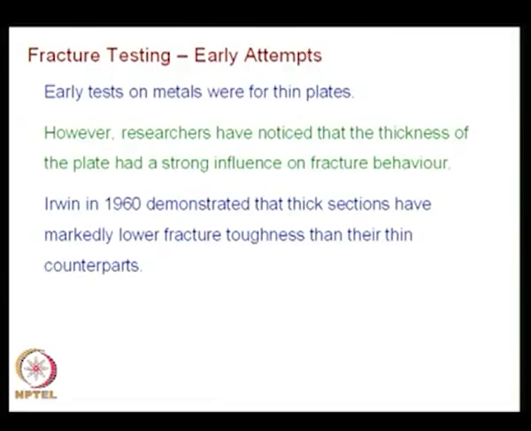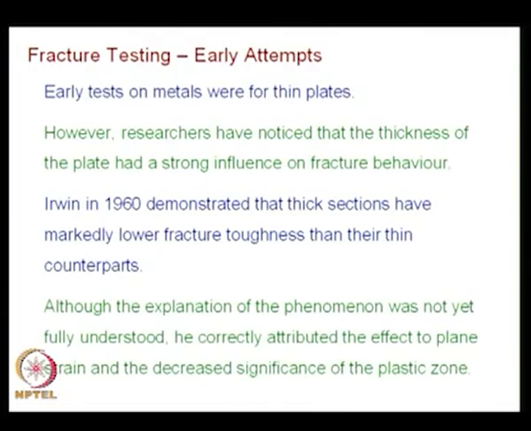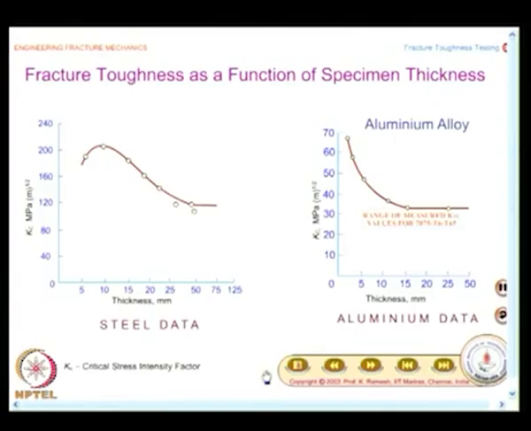But Irwin, based on intuitive argument, attributed the effect to plane strain and the decreased significance of the plastic zone, so the fracture toughness values for the thick sections have markedly lower value. That is the way he looked at it. Later on it was supported by experimental results.